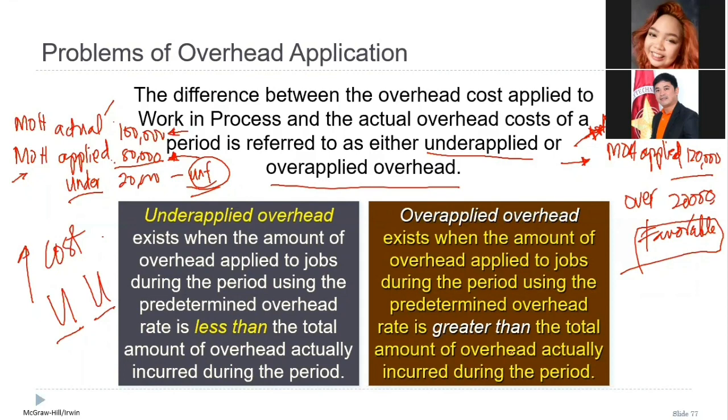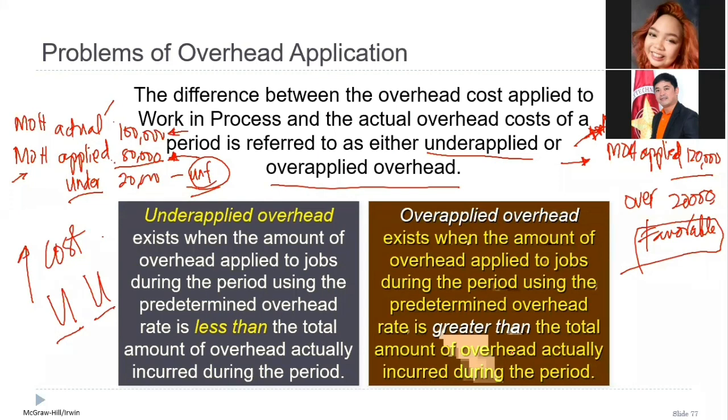Okay, so going back sa over or under applied. So pag under applied, it's unfavorable. Over applied, it's favorable. But whether favorable or unfavorable, we really have to check what happened. Kasi ang mas gusto nating mangyari dito, yung estimate natin or yung applied natin is really near the actual.